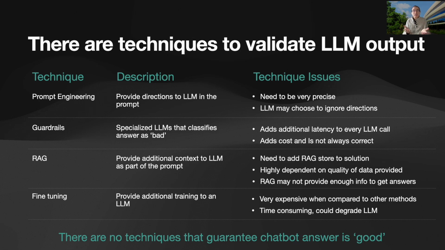You can also put in guardrails. A guardrail is basically a secondary LLM that you run in front of your main LLM. And this secondary LLM is basically a classifier that will classify the question that the person is asking as a safe question or as a bad question.